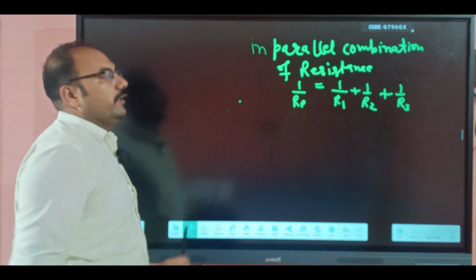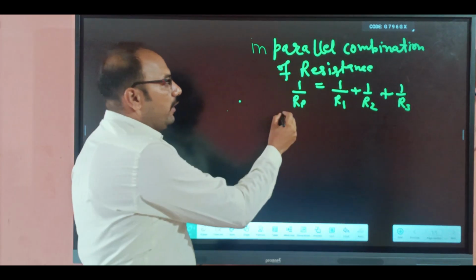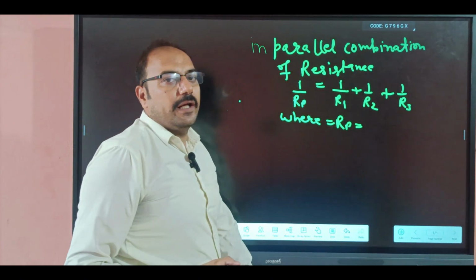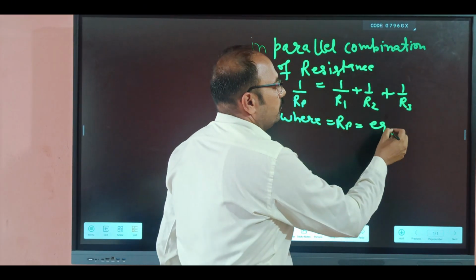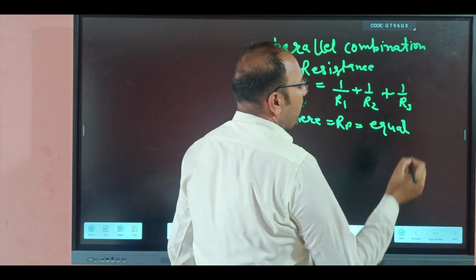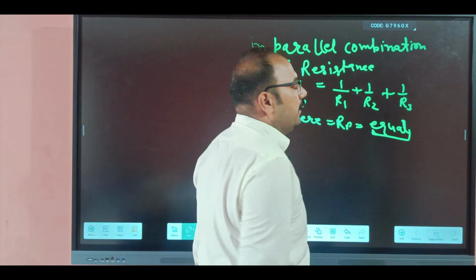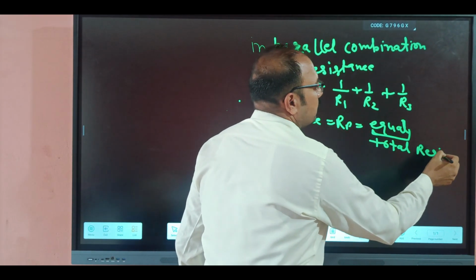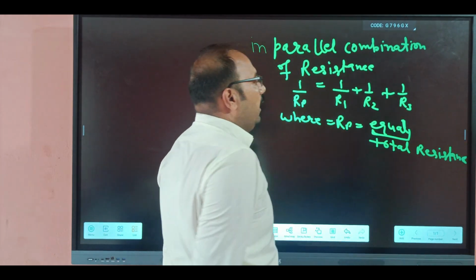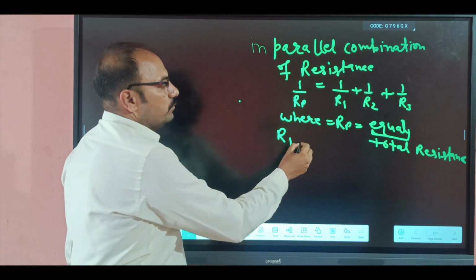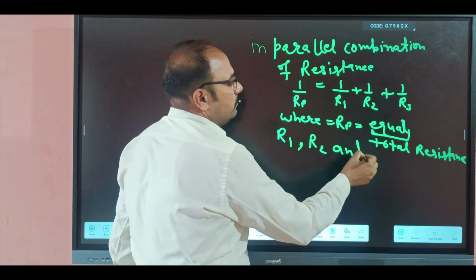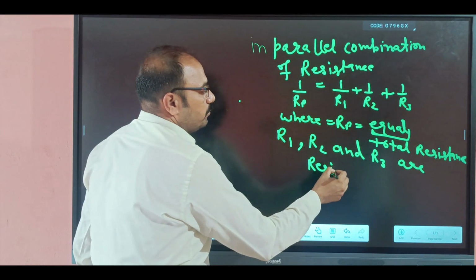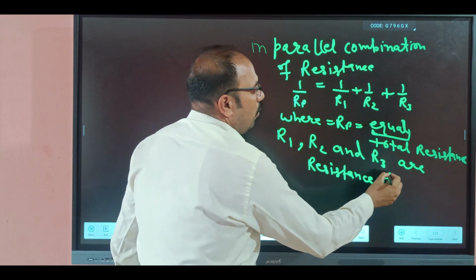So this is the formula for resistance in a parallel combination, where Rp is the equivalent resistance of the parallel combination, or we can say the total resistance, and R1, R2 and R3 are the resistances of the circuit.